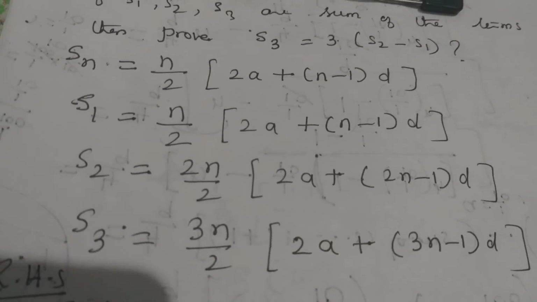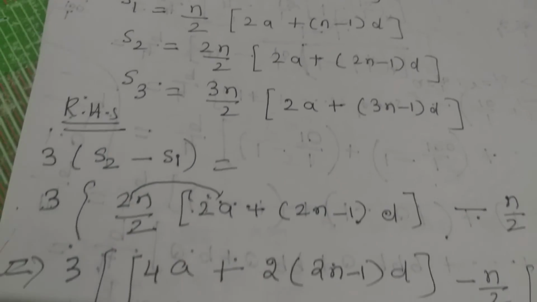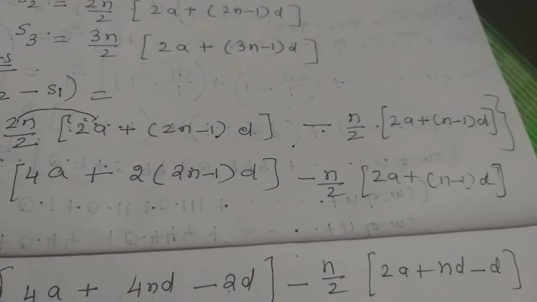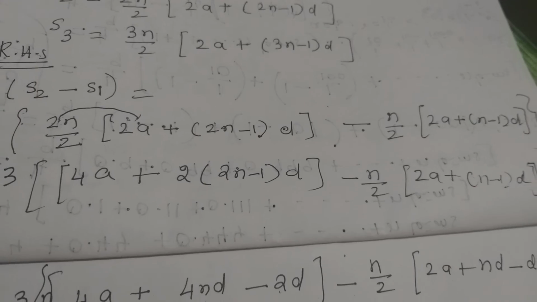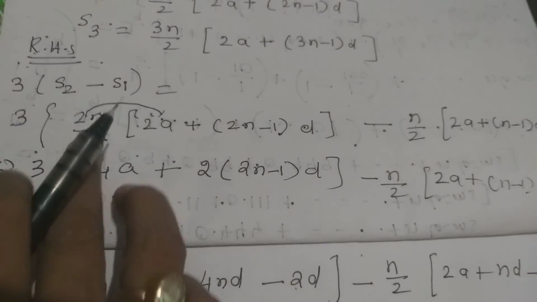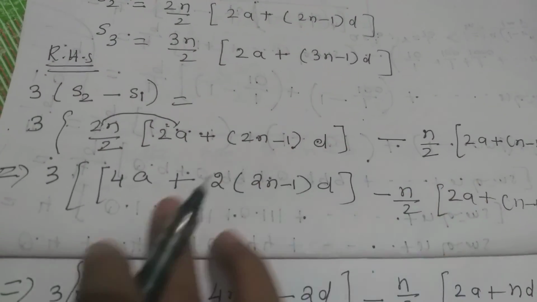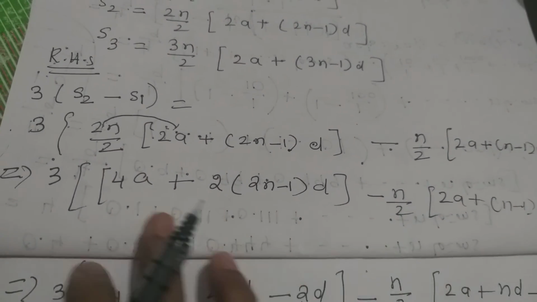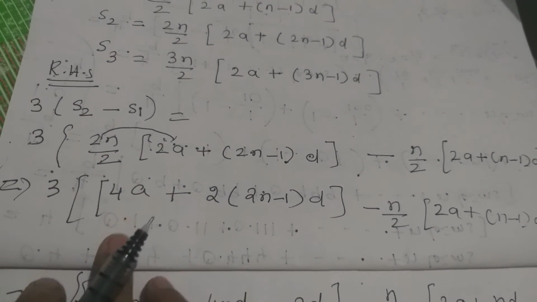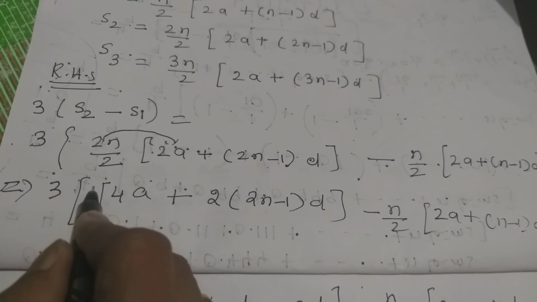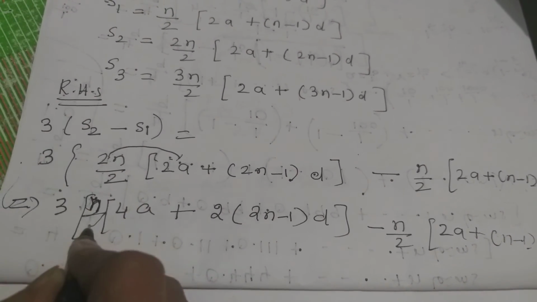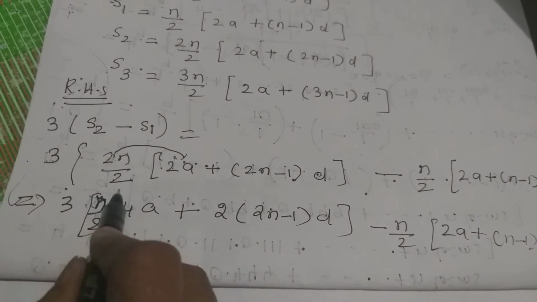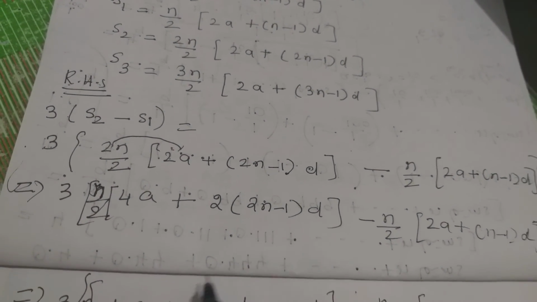Here RHS is equal to, taken S1, S2, S3 and taken RHS 3 into S2 minus S1, substituting for S2, S1, and only 2 I am taking inside, multiplying, removing bracket, multiplying, n by 2 I am keeping outside only. That I didn't write actually, sorry. 2 I am taking inside and multiplying.